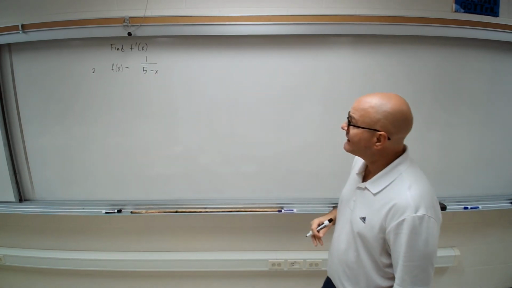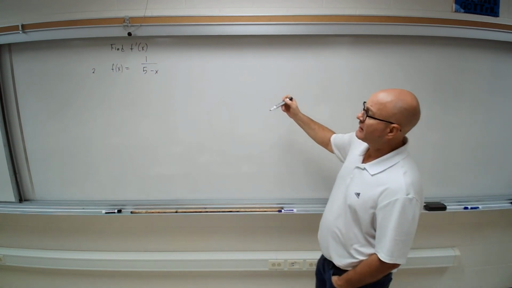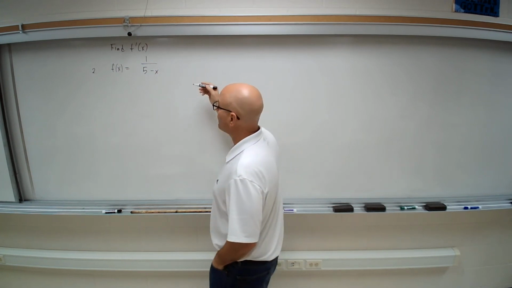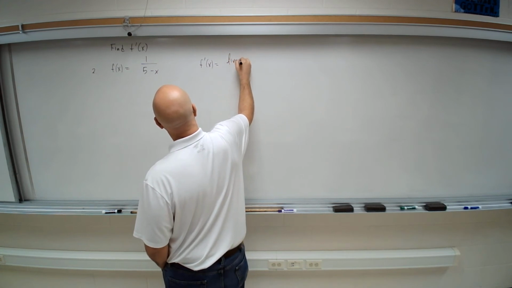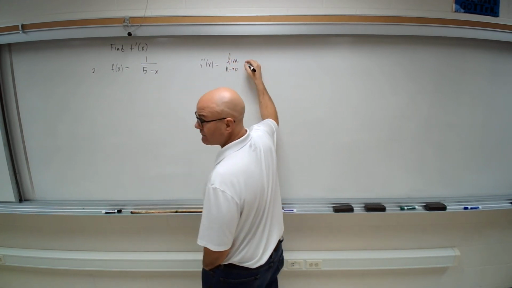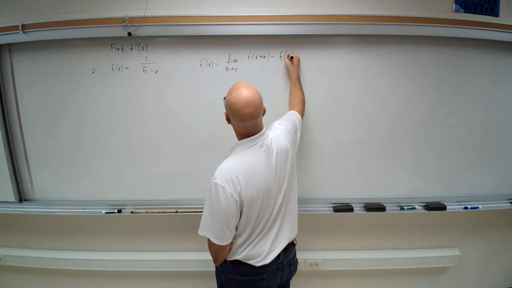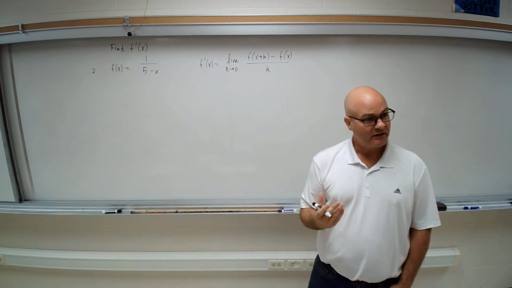Okay, so from our handout here, we have this example, number 2. The function is f of x equals 1 over 5 minus x. Now we know that we're going to plug that in to find f prime of x. It's going to be the limit as h approaches 0 of f of x plus h minus f of x, over h. So we know the formula.